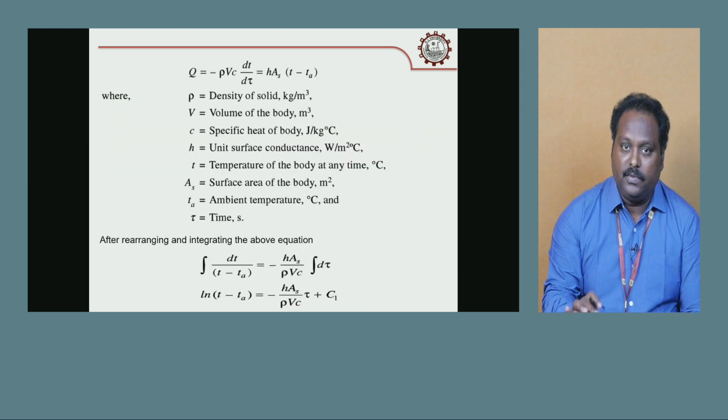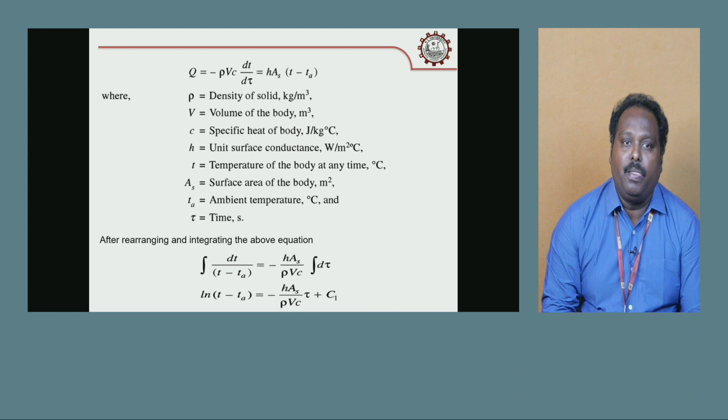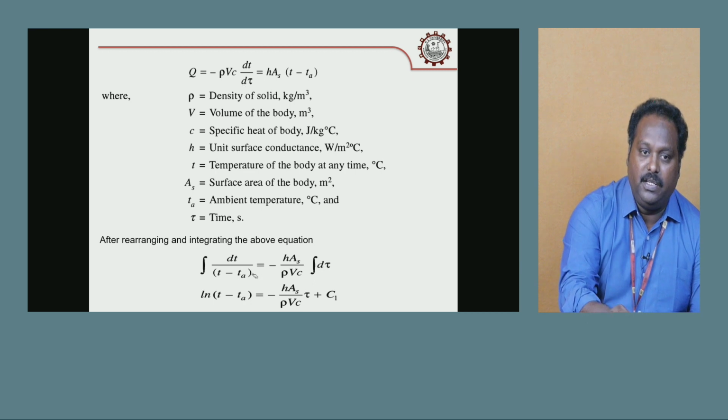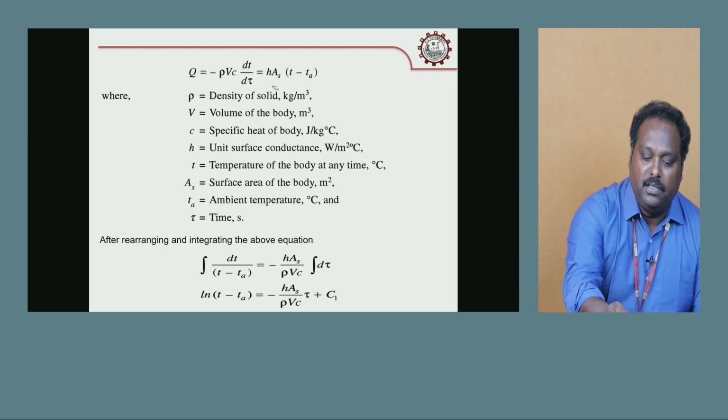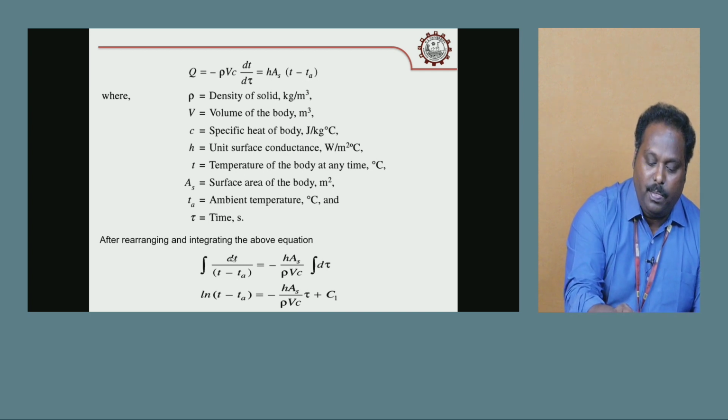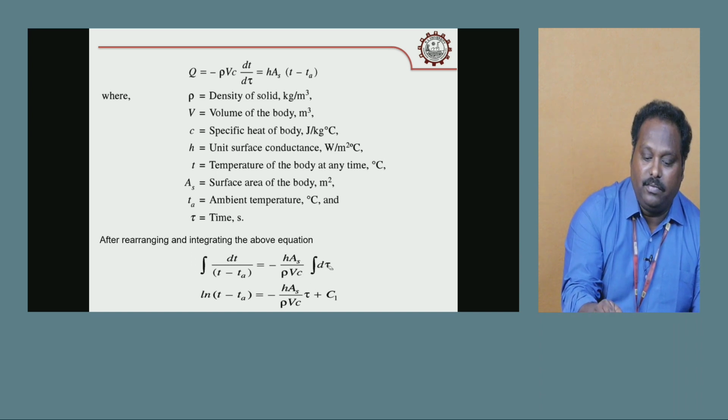Now let us rearrange and integrate the above equation. Q is equal to minus rho V C dT by d tau. If it is rearranged, dT divided by T minus Ta can be brought down. So dT by T minus Ta is equal to minus hA divided by rho V C, integrated with d tau.